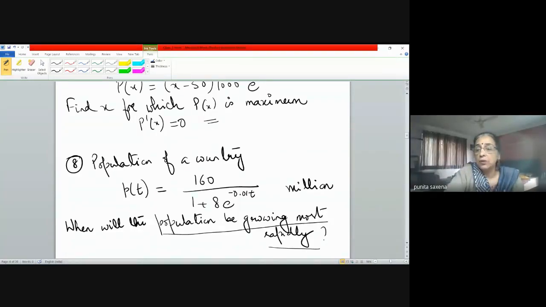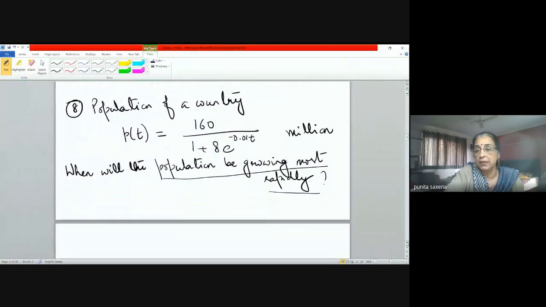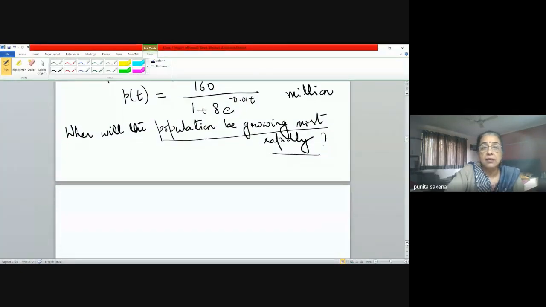So we are talking of the most rapid growth, right? Population growing most rapidly, right? So that means we have to maximize the rate of growth, not the population, but the rate of growth of the population.